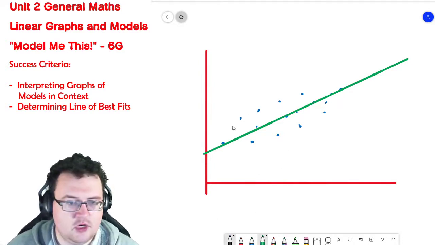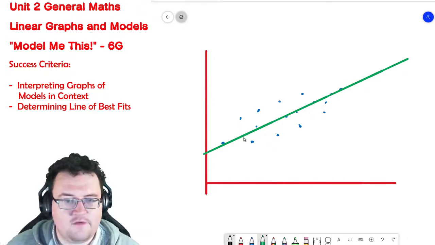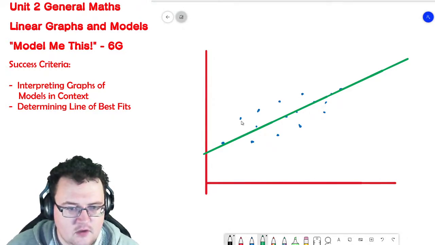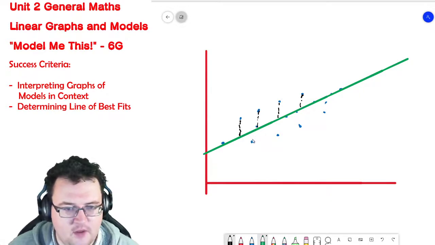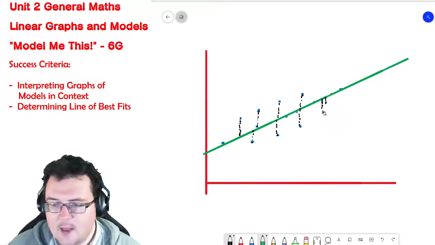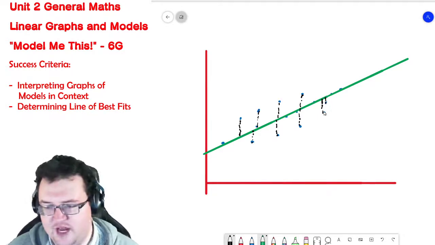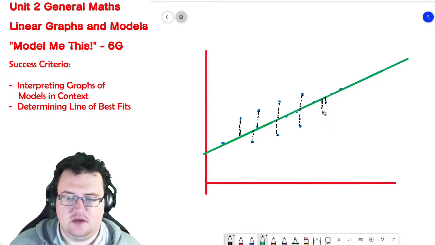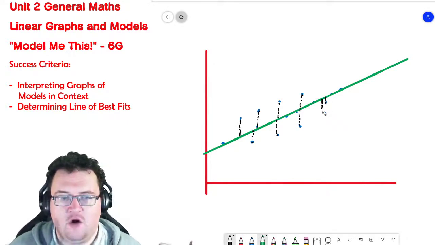All right, because if you look, if I were to take the average distance, so if I were to look at this distance here, this distance here, this distance here, this distance here, and I were to compare them with the distances from here, here, here, here, and here, they would even out. Approximately, it would even out. All right, so this isn't a perfect fit, but this is the line of best fit.